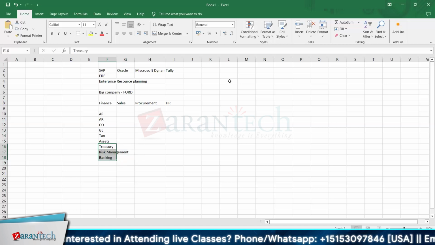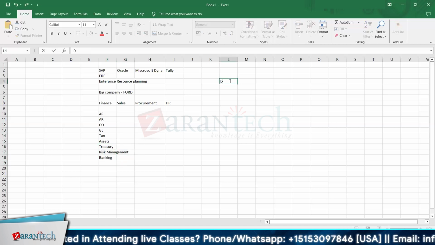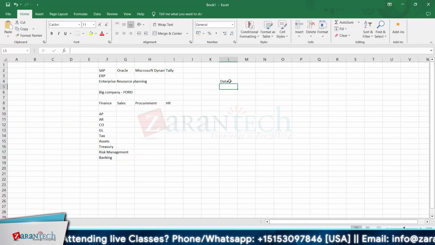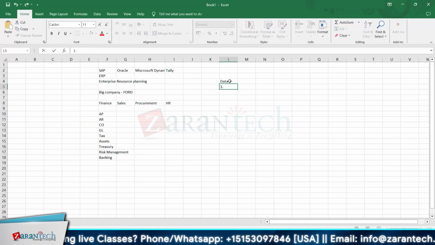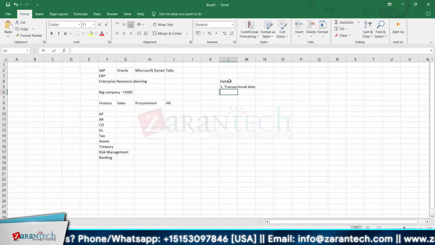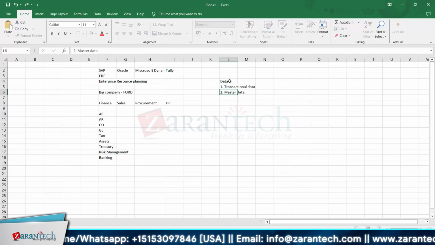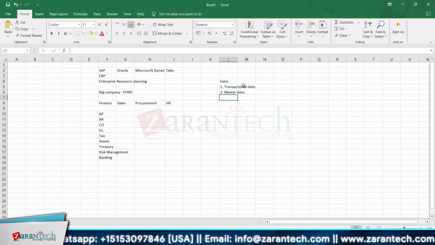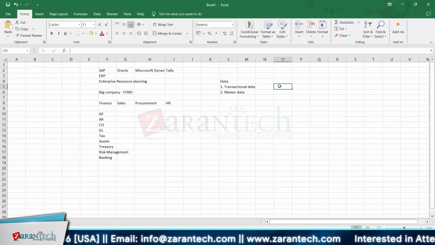So as I was explaining, whenever we create any data in SAP, this data can be of two types. It can be transactional data. It can be master data. Okay. So as I was explaining, if we talk about treasury, let's say you have taken a bank loan, right?